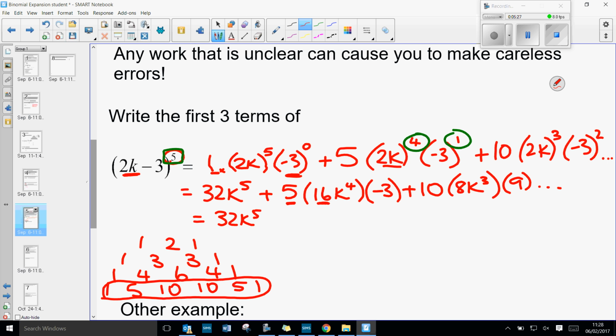Does anyone know what that is? Maybe we can have a calculator here. What's 5 times 16 times negative 3? Negative 240. Yeah.